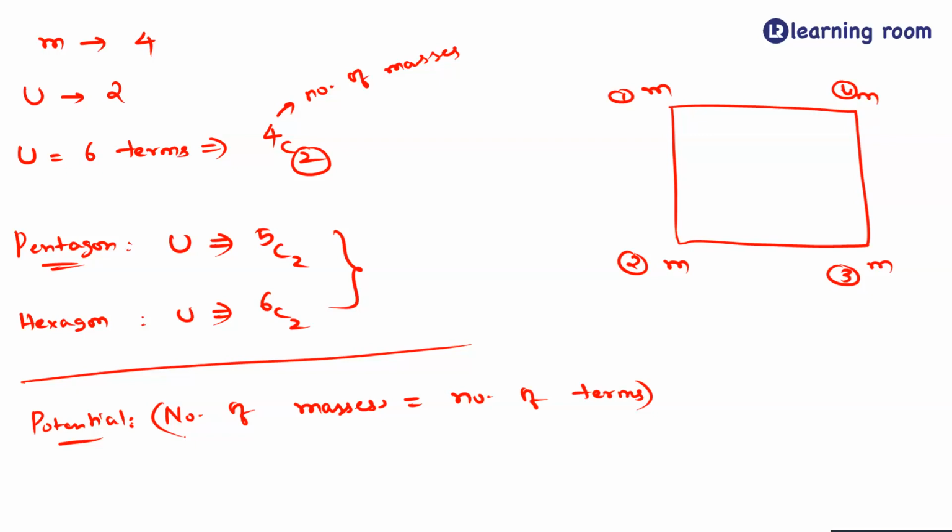So everything related to gravitation, I have covered. Whatever problems are there based on principle of superposition, variation of acceleration due to gravity, gravitational potential energy, and gravitational potential. Okay. So I'm expecting for orbital velocity and escape velocity, you people do it on your own.